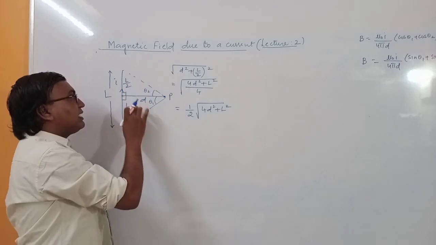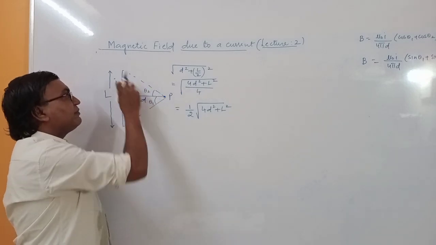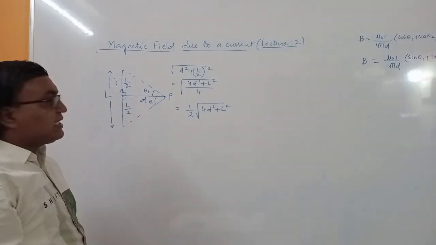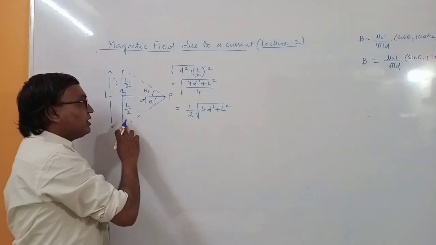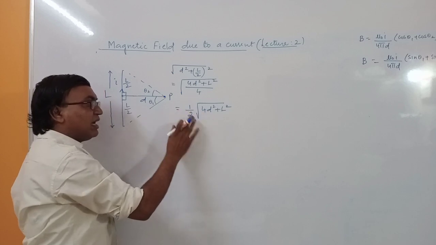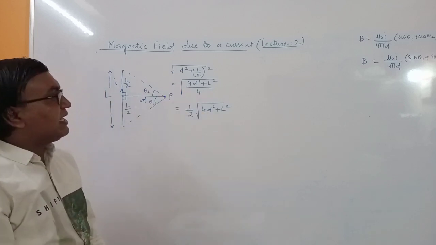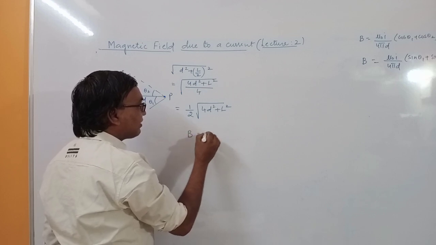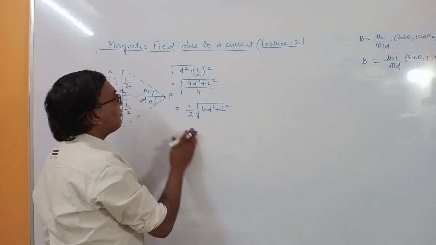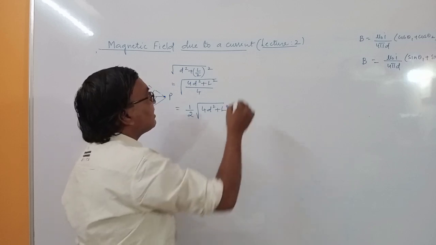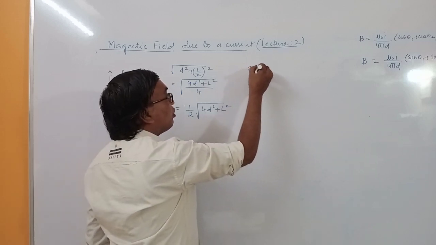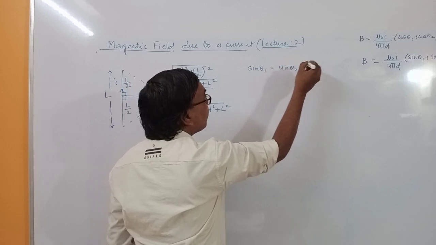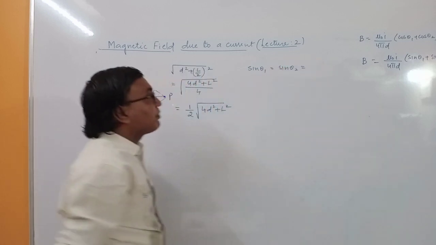Both the triangles are congruent triangles. This is d, this is L/2, this is L/2, 90 degrees. So SAS congruency, so the hypotenuse is also the same, half into root of 4d square plus L square. Then the magnetic field B, or first of all we'll find the values of sin theta 1 and sin theta 2. Both values are equal. Sin theta 1 is equal to sin theta 2 in this case.